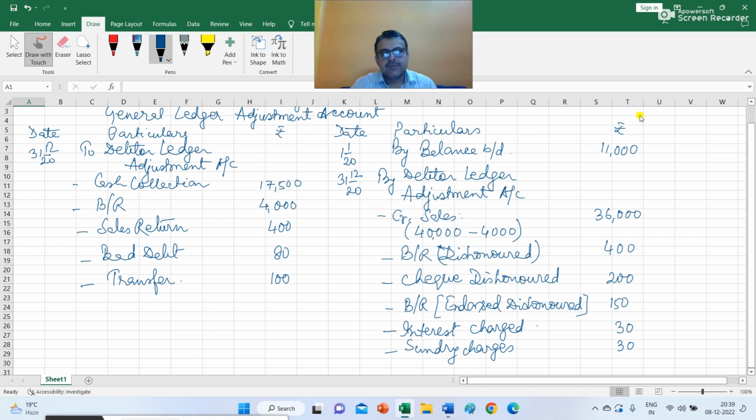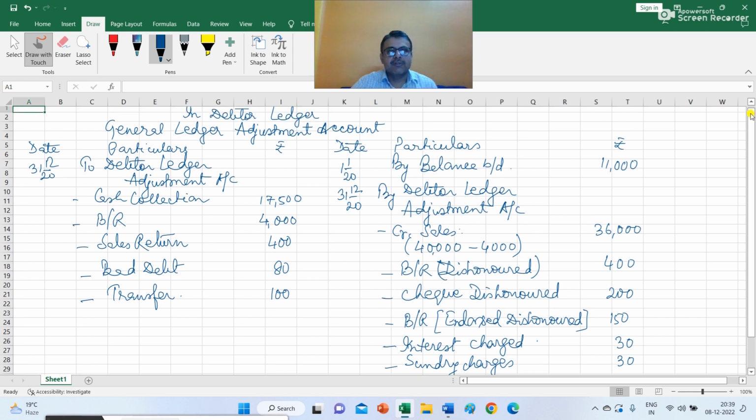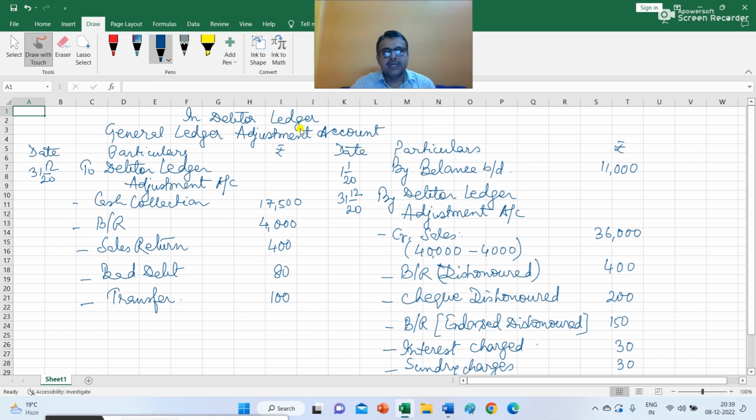Please see that the transactions that I am recording on the credit side are increasing the amount of debtors, as I am preparing the general ledger adjustment account in the debtors ledger. The items recorded on the debit side are going to reduce the amount of debtors. So please note the transactions carefully while recording.